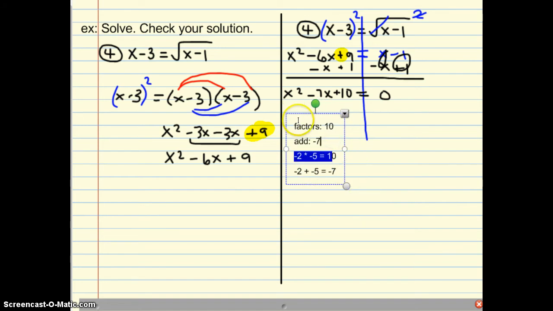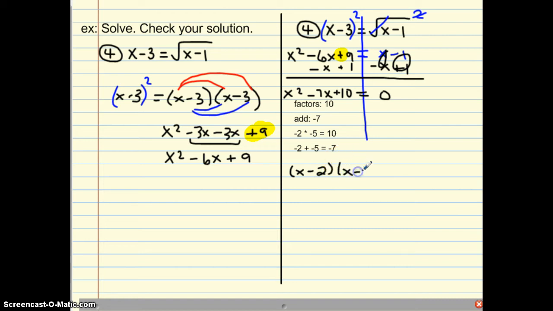Is that kind of readable if I put it right there? Okay. So what that's going to look like is we'll have x minus 2 and x minus 5 equals 0.